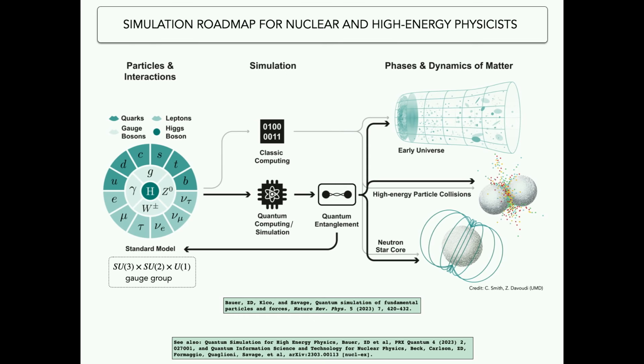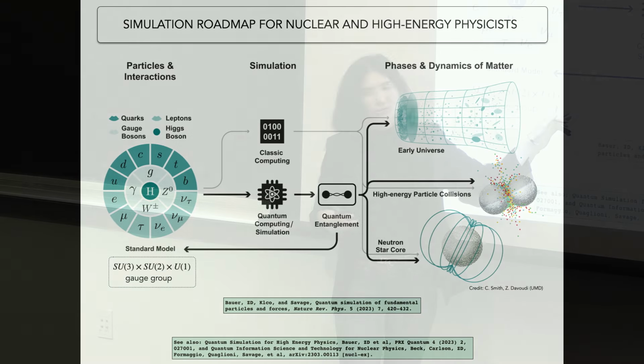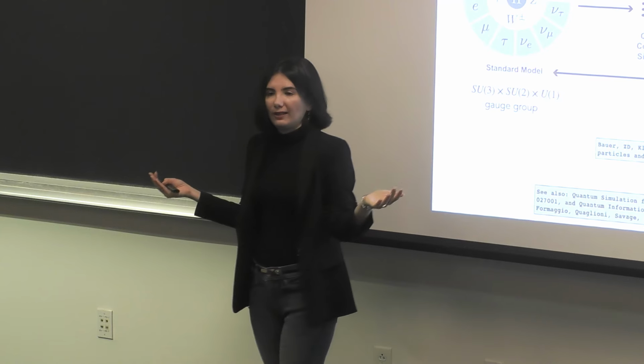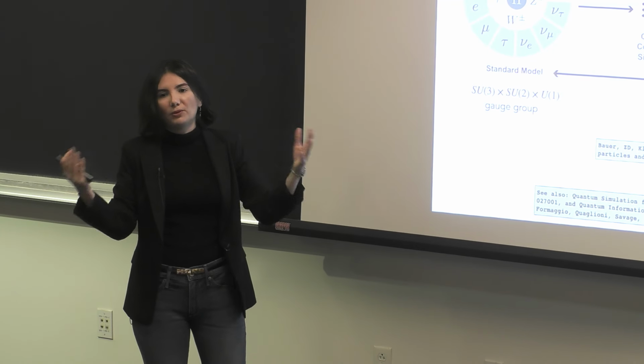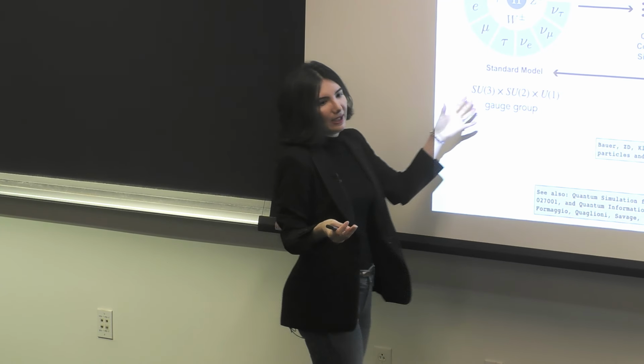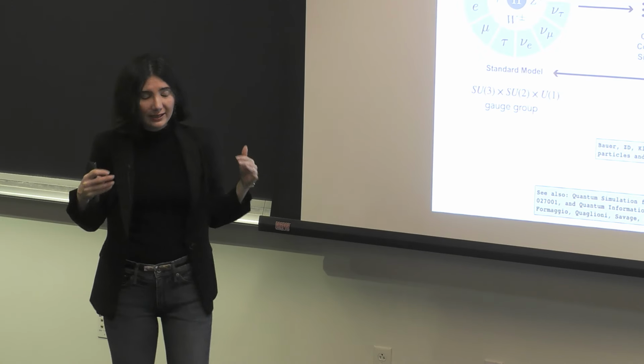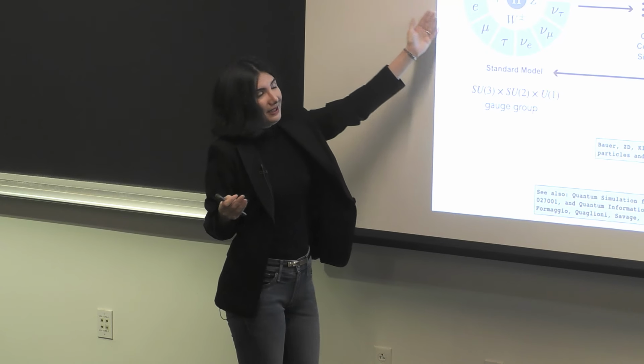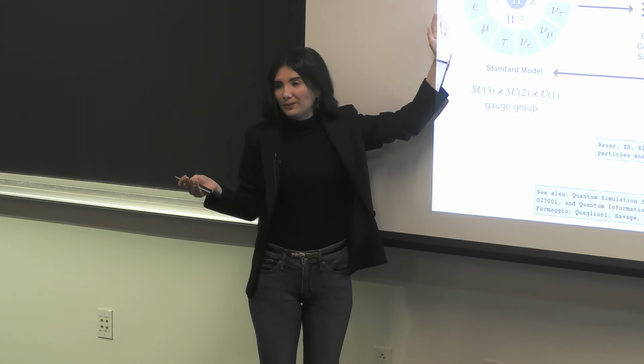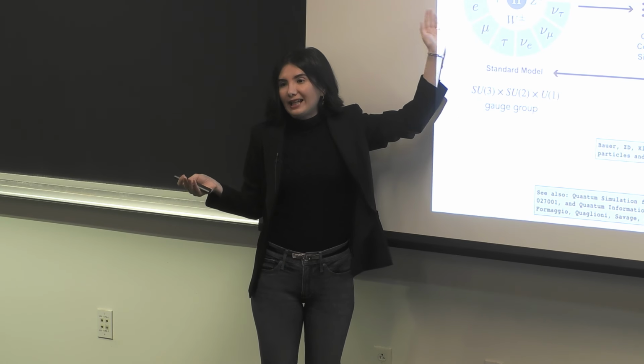The difference between abelian and non-abelian is, again, that the generators of these symmetries either commute or don't commute. Again, why nature decided to pick both types of gauge symmetries, we don't know, right?